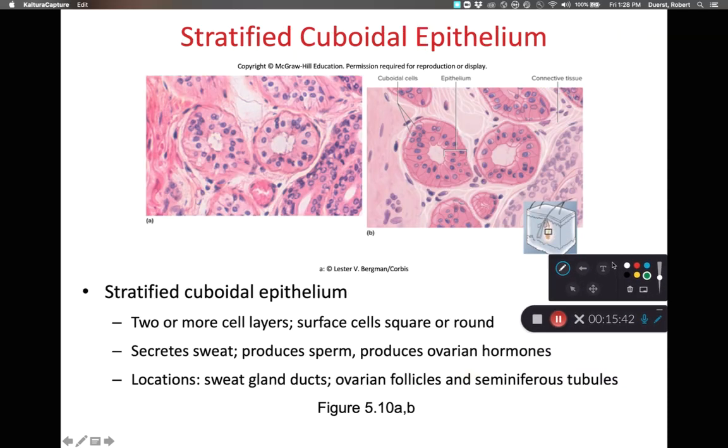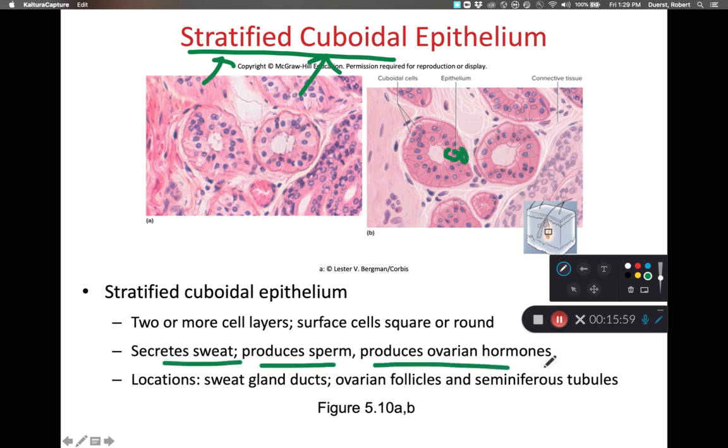We also are going to have stratified cuboidal epithelium. Stratified cuboidal epithelium is multiple layers of roundish cells, and these cells are typically associated with glandular secretion. So we have secreting sweat, producing sperm, producing ovarian hormones. They're going to be producing something that leaves the cells.